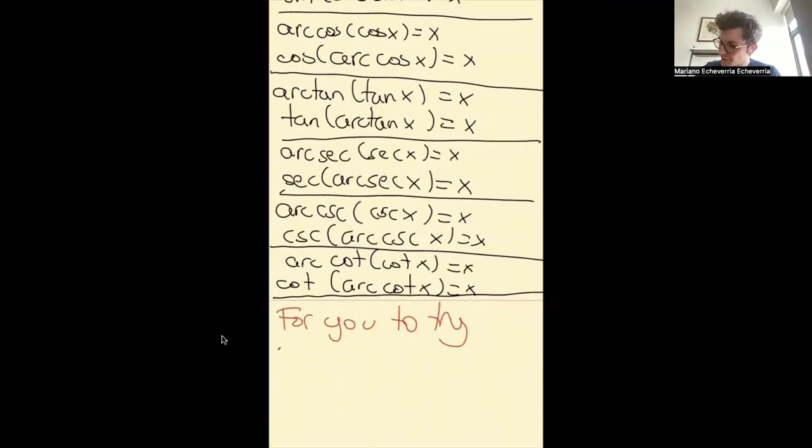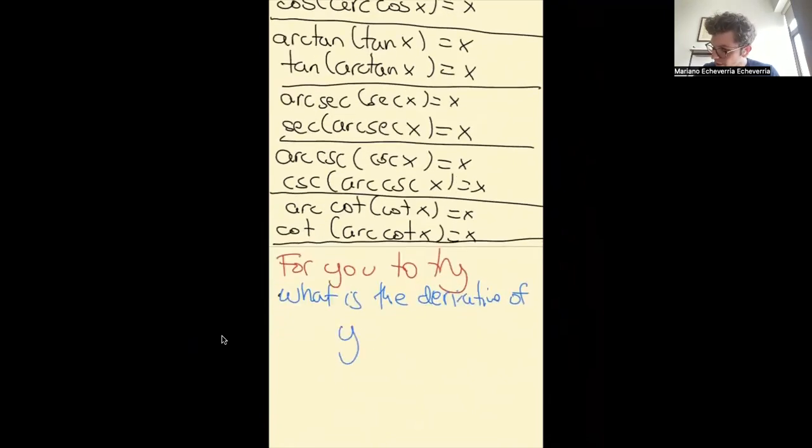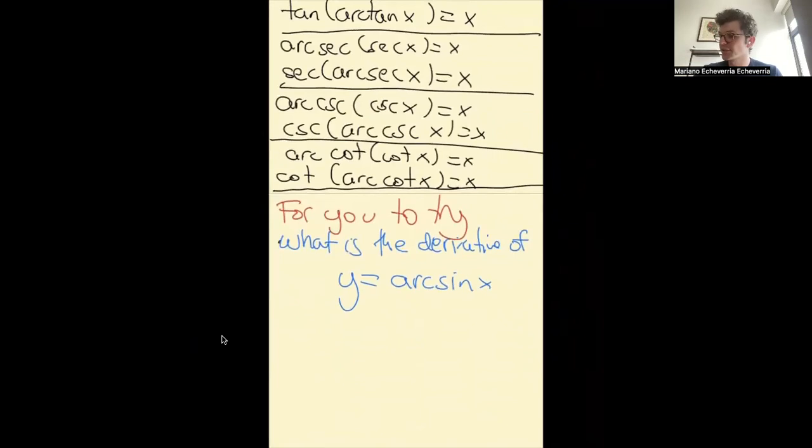Let's say I want to find the derivative of y equals arc sine of x. If you want to do that, start by taking sine on both sides of the equation.